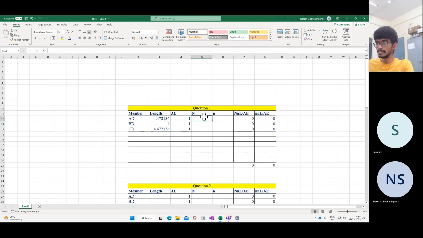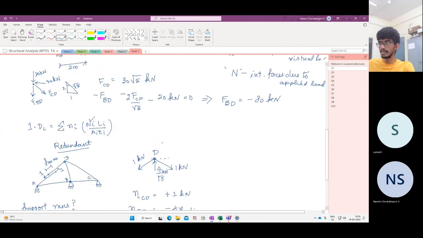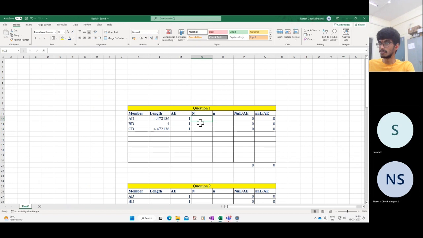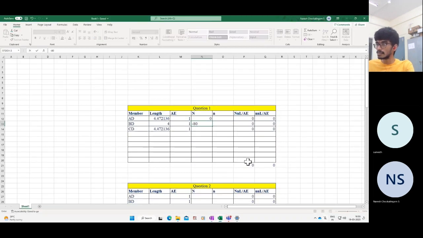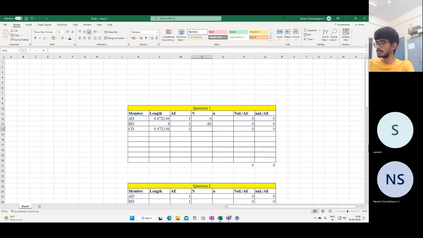And what are the forces in that? What is the real applied force? Capital FAD is 0, right? Because we have removed it. It is cut. What is FBD? FBD is minus 80 kilonewtons. And what is the force in CD? CD is 30 root 5.